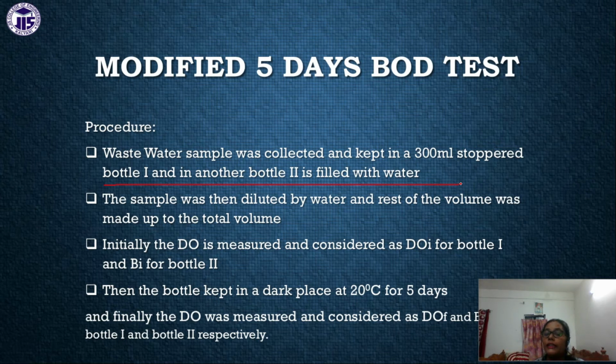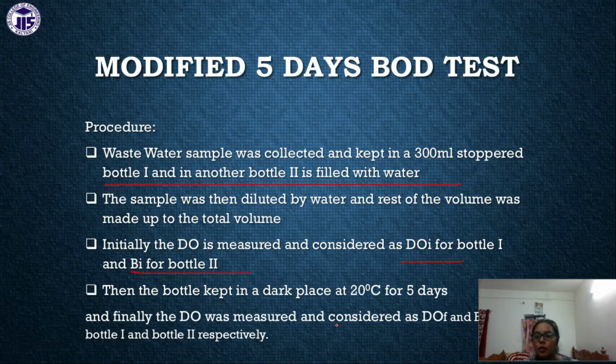Only bottle 2 contains the water. Now, first of all, for both bottles we have to measure the initial dissolved oxygen. For bottle 1 that is DOI, and for bottle 2 that is BI.